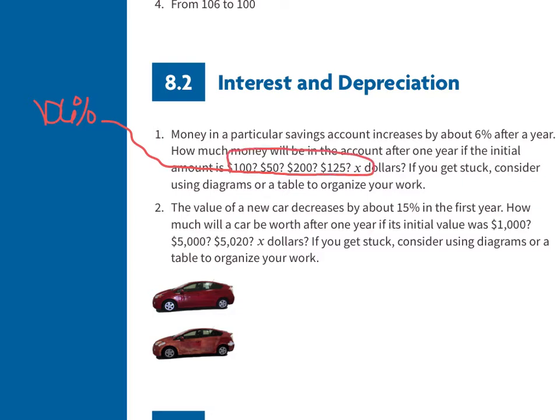Okay, so $100 times 106% is $106. So if I have $100, I get $106 back. If I have $50, 50 times 106% is $53.